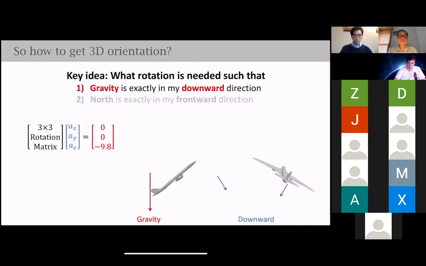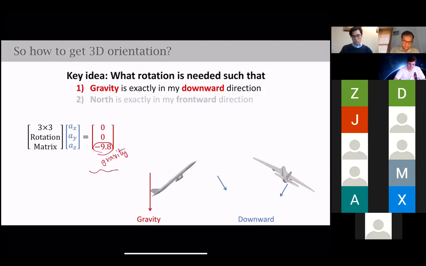I'm going to come up with a 3x3 rotation matrix, which multiplied with my local accelerometer data will become 0, 0, minus 9.8. Minus 9.8 is gravity. And what does this say?